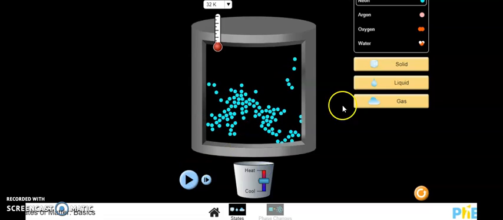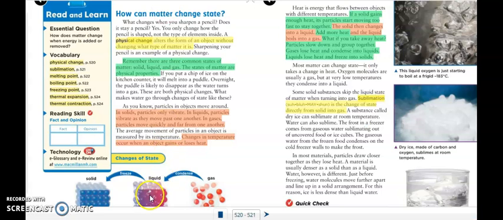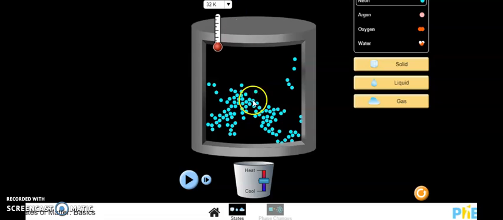Right now you can see how the particles start moving too fast to stay together. The solid then changes into a liquid, because as you learned here, the solid particles are packed together. The solid has a small distance between them, as here.